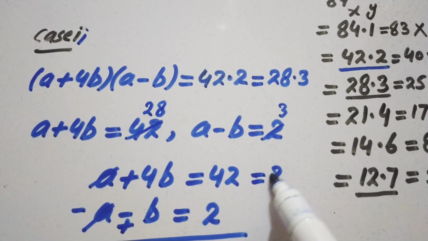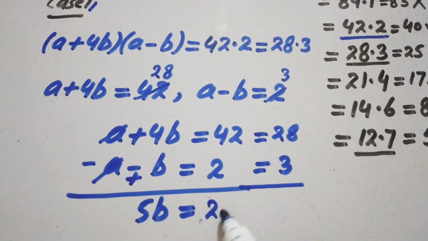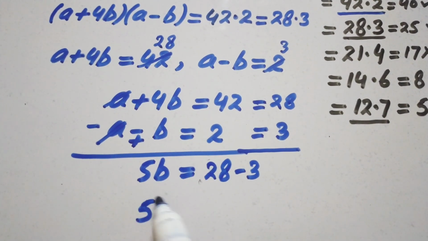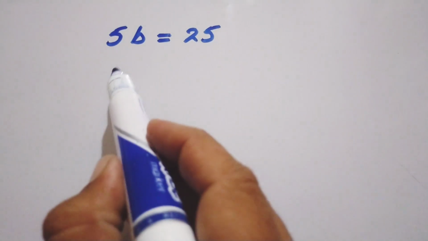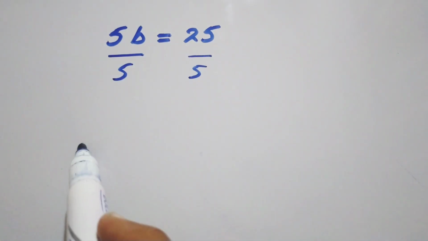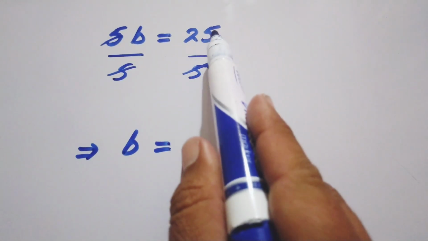By subtracting, we get 5b is equal to 28 minus 3, which gives us 25. Now to find the value of b, dividing both sides by 5, this 5 cancels and we are left with b is equal to 5.